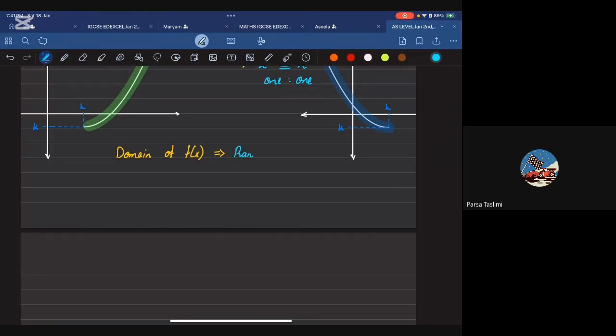It's in the name itself, inverse, so it's the opposite. The domain of your function is the range of its inverse.